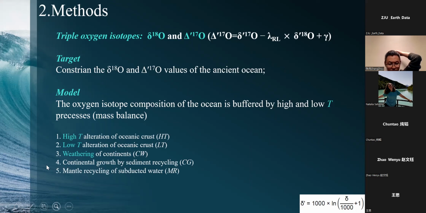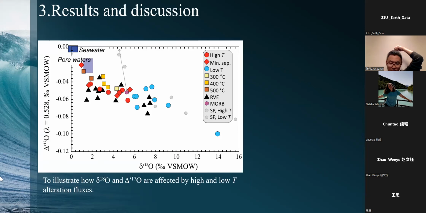And please move. This figure tries to illustrate how the oxygen isotope composition is affected by the high and low temperature alteration flux.